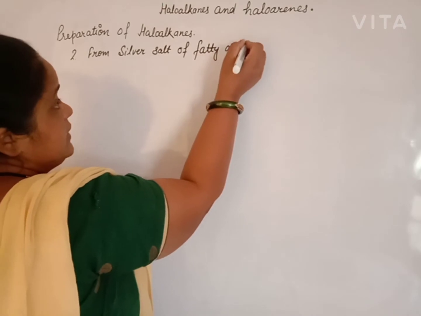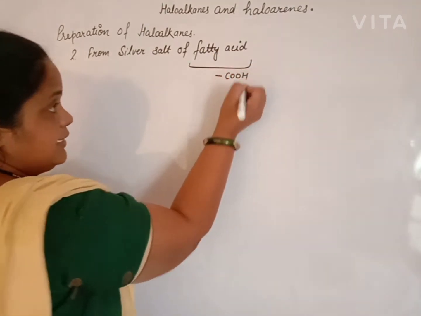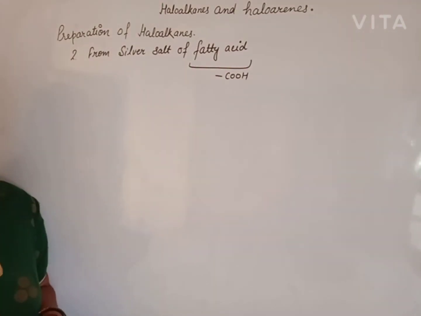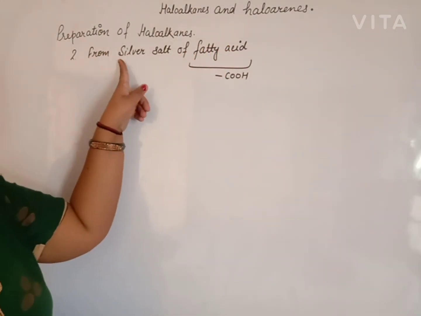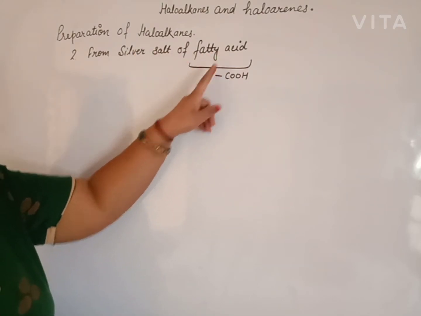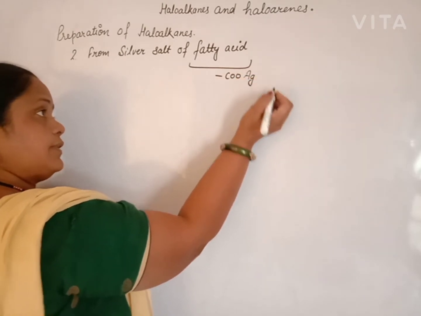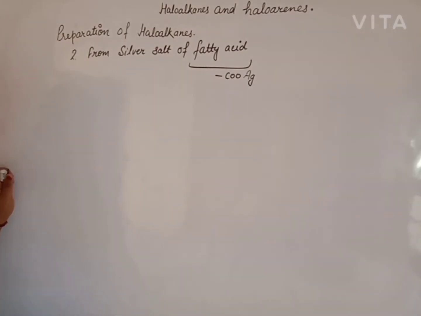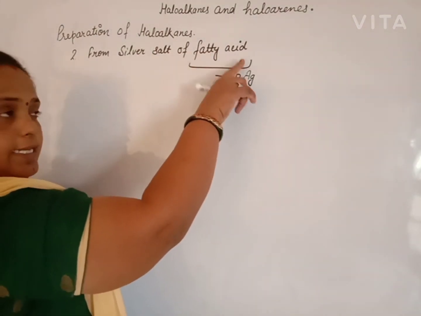This fatty acid is carboxylic acid. Fatty acid is carboxylic acid with a long hydrocarbon chain, or you can say higher carboxylic acids are known as fatty acids. Silver salt of fatty acid means this hydrogen is replaced by silver. It is known as silver salt of higher carboxylic acid.